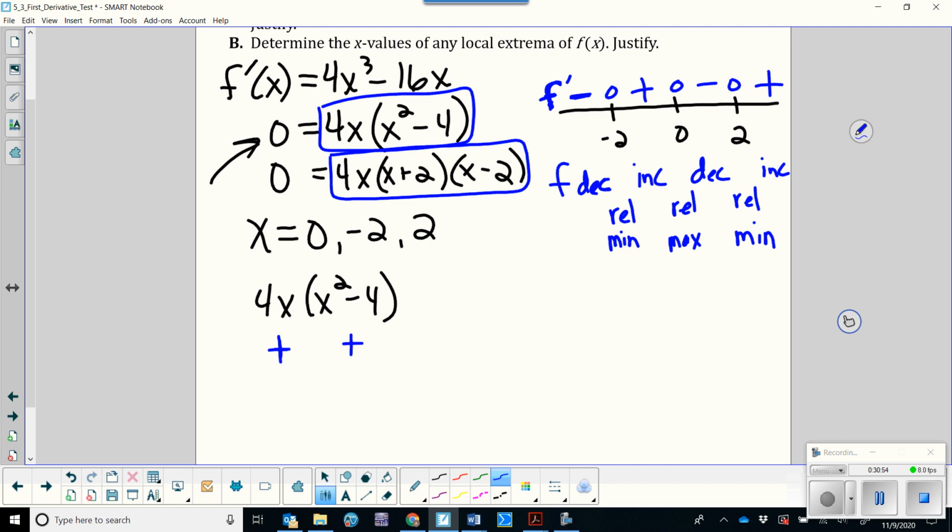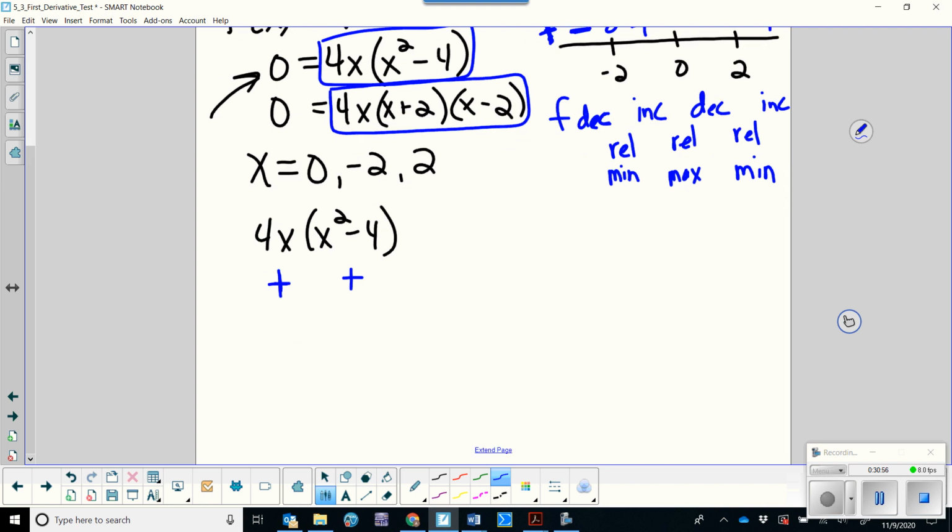Okay? So now let's answer the question. So it's really pretty easy. I got all my information, and now I just need to give the answer. So it wanted decreasing, increasing, and so on, and relative extrema.